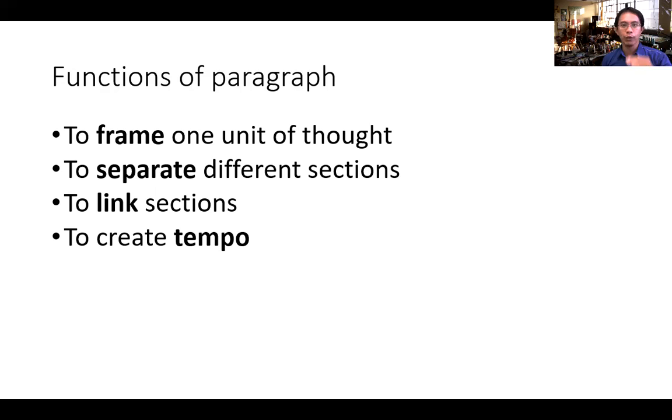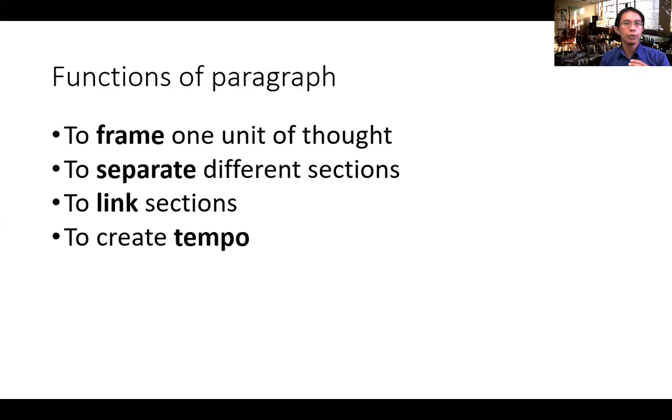It will be quick paced, but you can halt it, or you can reduce the speed by, for example, giving a paragraph that describes the situation of the room where these two people are quarreling or talking or having a dialogue. So that's also the function of a paragraph.